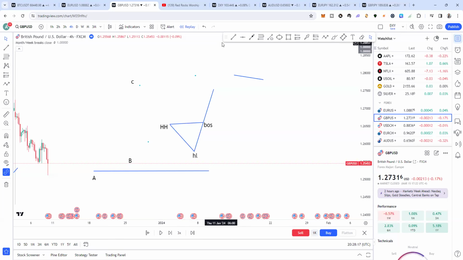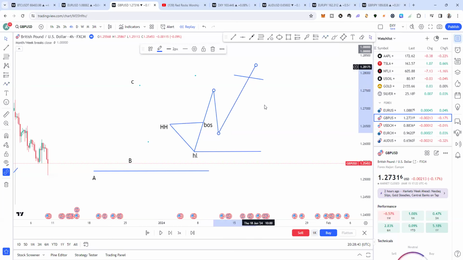So what are you looking for now? You already know that, okay, this is your support, or this is your higher low. So what you're looking for right now is for price to travel, for price to what? For price to travel into the higher low, to the previous higher low, before price continues the movement to the upside.